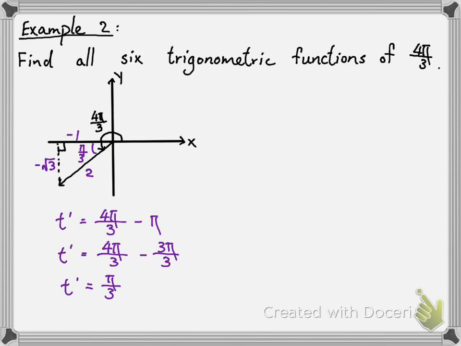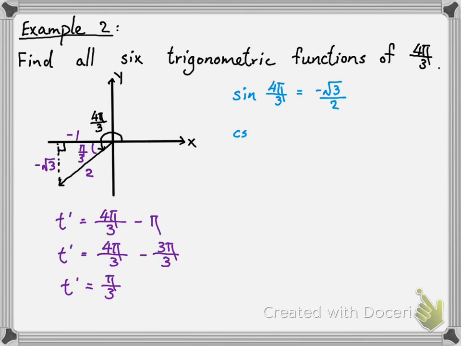Let's find all 6 trigonometric functions of the angle 4π/3. Sine of 4π/3 equals opposite side, negative square root of 3, over hypotenuse 2.